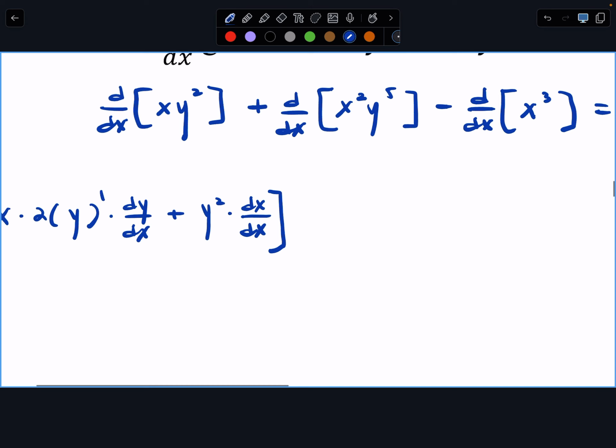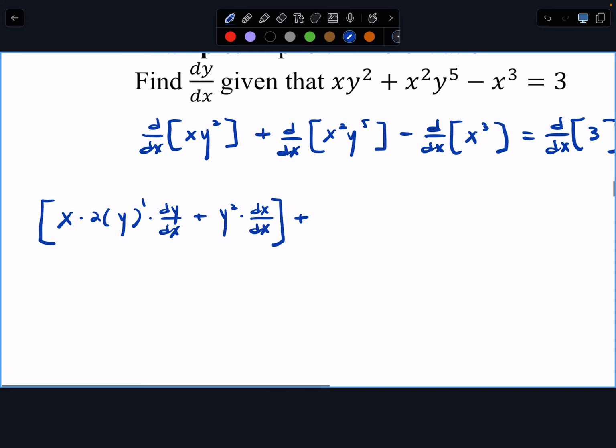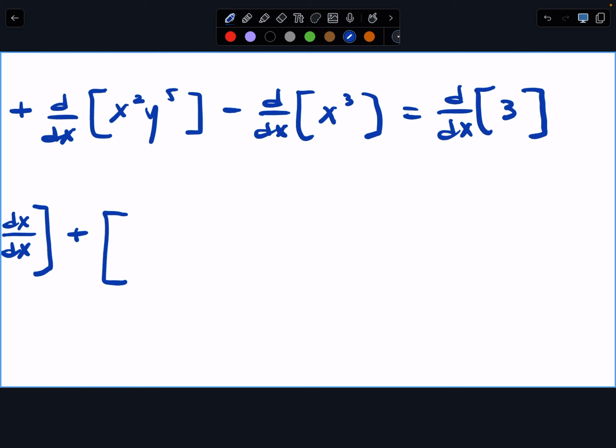Okay, and then plus, and I like to group, especially if I'm trying to retrace my steps, I like to group my product rule. So now I'm moving on, and guess what? I'm applying product rule again. Yay! Okay. Not in this one. Well, if we had a quotient.